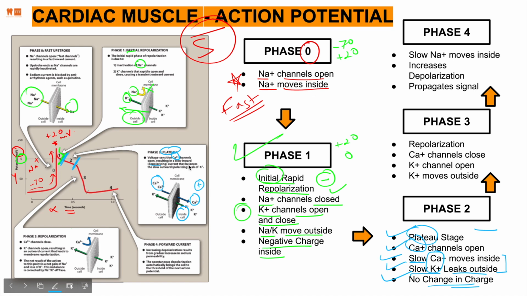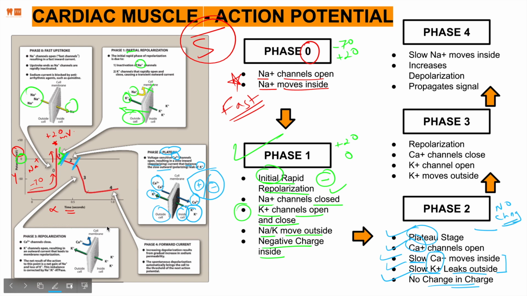But the current is balanced when there's a slow outward movement of potassium. So potassium leaves the cell, causing a little bit of a negative charge. So there's a balance between the two charges, causing plateau. Right, so no change.